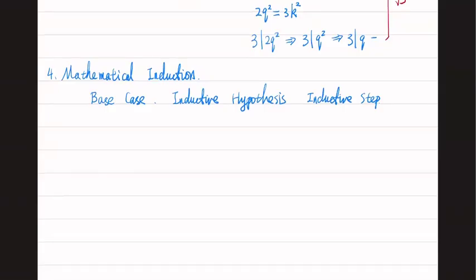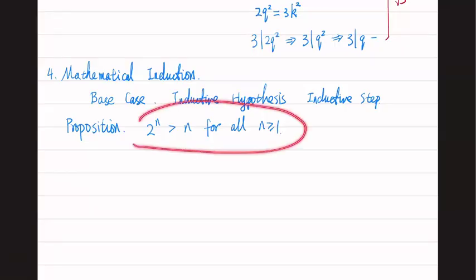Okay, we will start with a very simple example. For this one, it's 2 to the power of n is bigger than n for all integers.